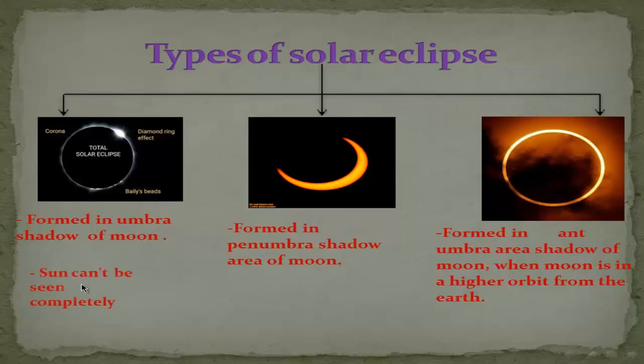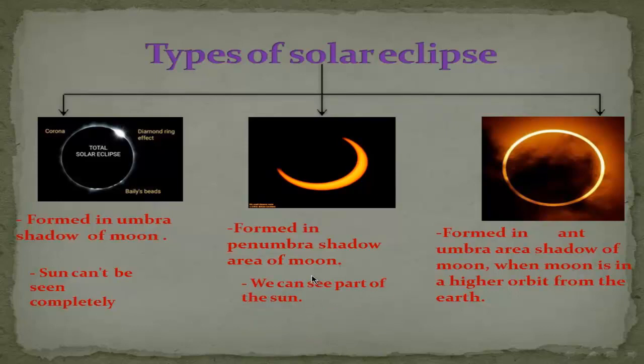How can we see the sun in these types? At the first type, total solar eclipse, we can't see the sun completely because the moon is very near to the sun, so it hides most of its light.